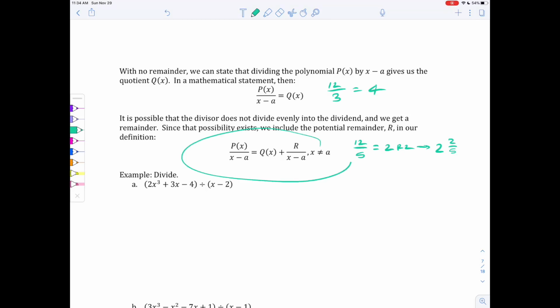And that's what this statement here says, that we can essentially express this as a mixed fraction. Here's the whole number of times that this divides in, but then we've also got this remainder. So that's just a way to express these ones when there's a remainder that's non-zero.